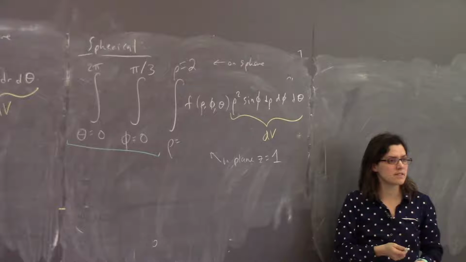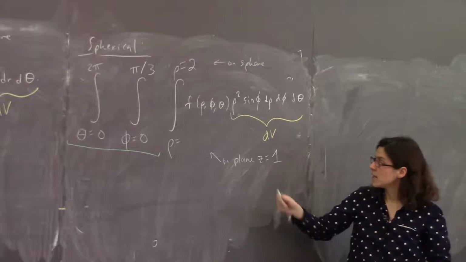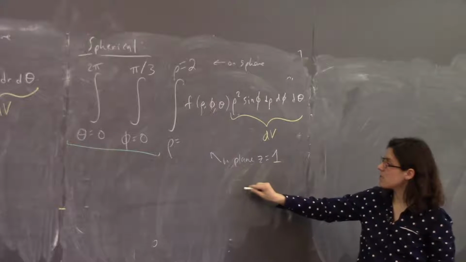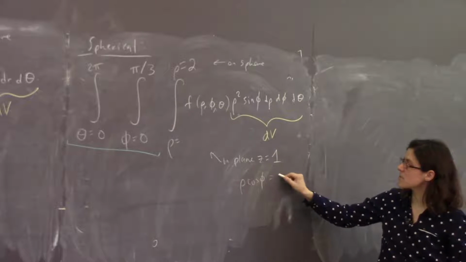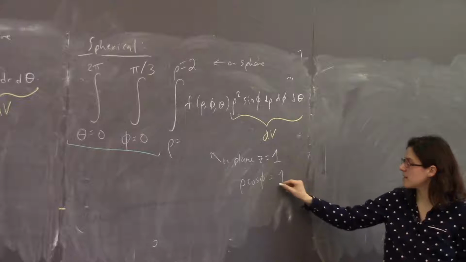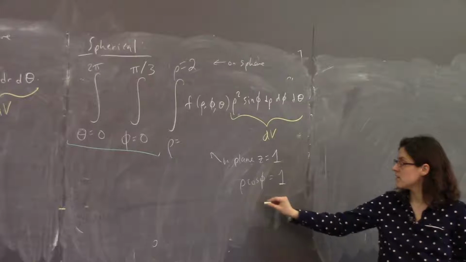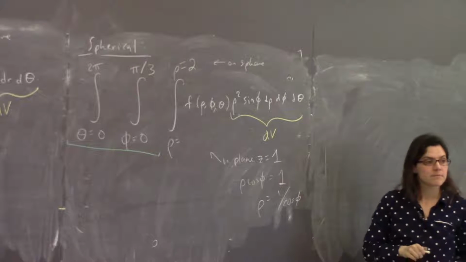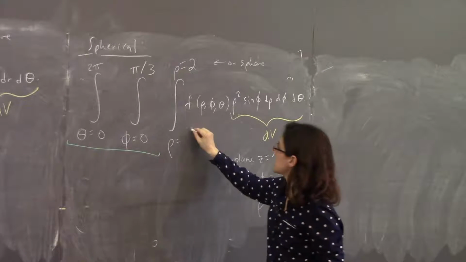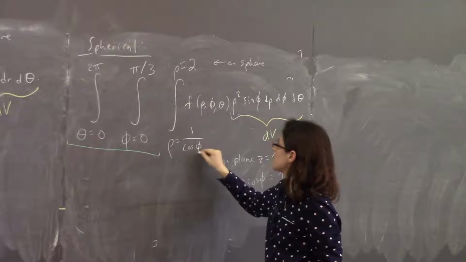Can you see a way to do that? Yeah, rho cosine phi equals z. And we know that z equals 1 when the thing pops in. So let's just solve for rho. So rho is 1 over cosine of phi. So it pops in when rho equals 1 over cosine of phi.